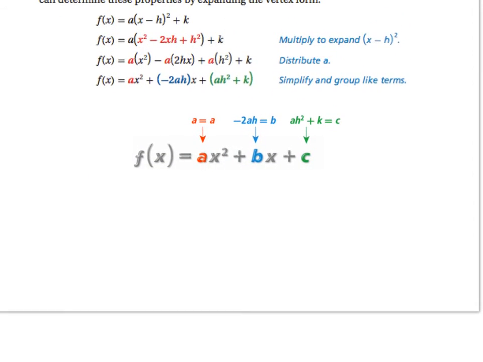So you can see a is a, it stays a, but the coefficient in front of the x is actually negative 2ah, and the constant c is ah squared plus k. I don't expect you to remember that. However, when we do get to finding h from standard form, it does come in handy for finding the axis of symmetry. So let's look at that.